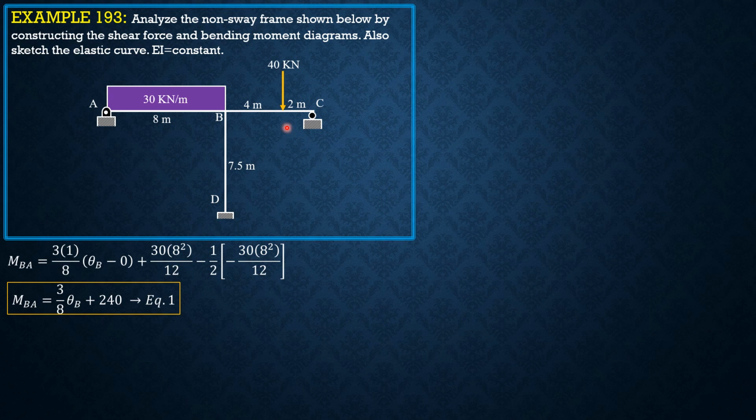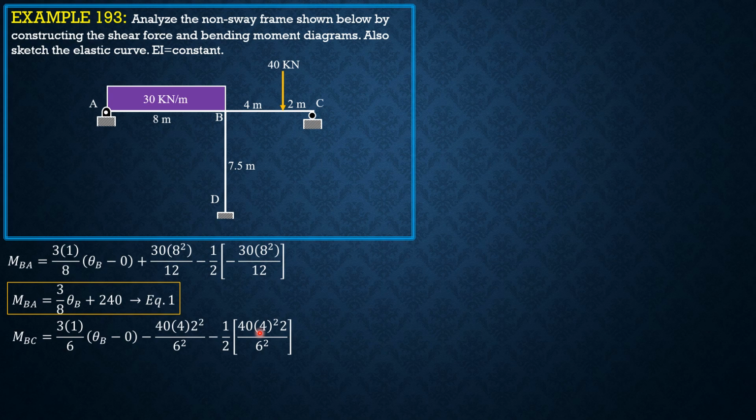So MBC is equal to 3 times 1 over 6 times the quantity theta B minus 0, minus 40 times 2 squared over 6 squared... minus 1/2 of 40 times 4 squared times 2 over 6 squared. The fixed moment at B is negative, PAB squared over L squared, minus the fixed moment at C, which is positive, so minus 1/2. The fixed moment at C is positive, so you just interchange the squared term.